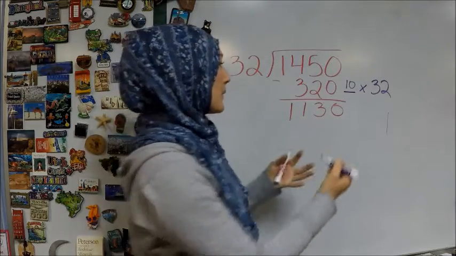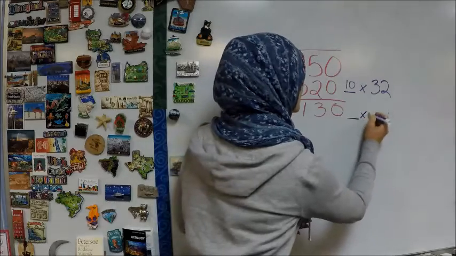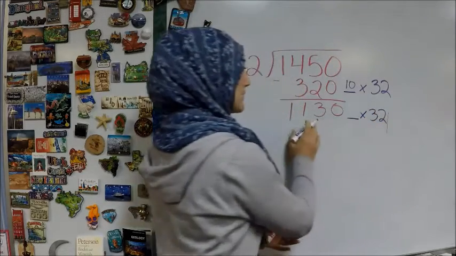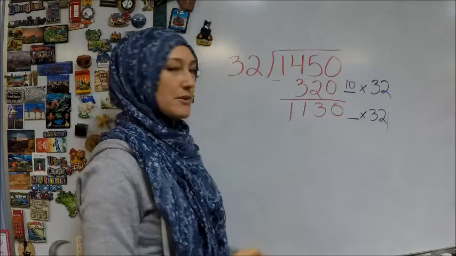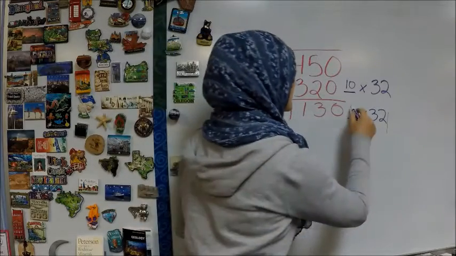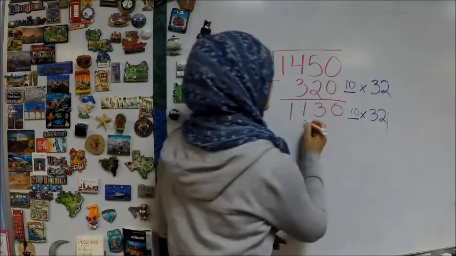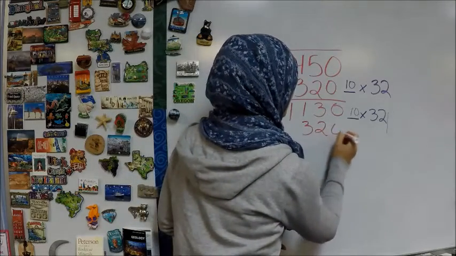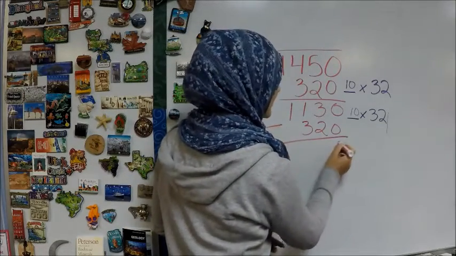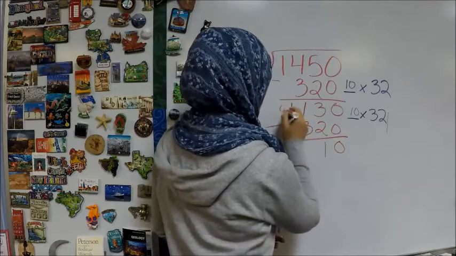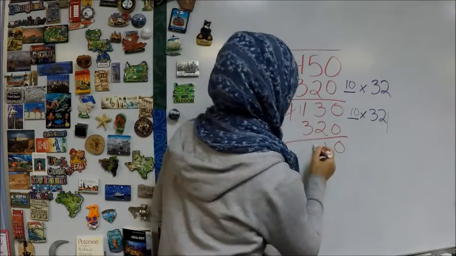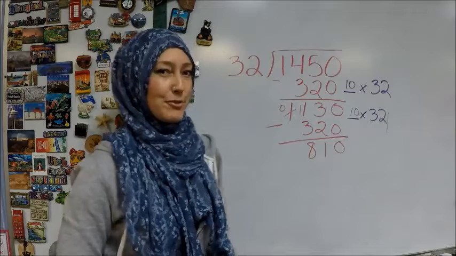So you say, what can I multiply times 32 to get me close to this? And so I can use 10 again if I want. So I'll use 10. 10 times 32 is 320. Do my subtraction. And I have a new remainder.